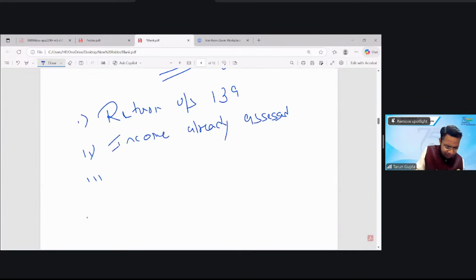Third, innovative. There may be a case, assuming a foreign company is earning a royalty from India and the Indian party deducts TDS under section 115A. Now, in such a case, the foreign company is not required to furnish return of income. Okay, it is legally not required to furnish return of income.